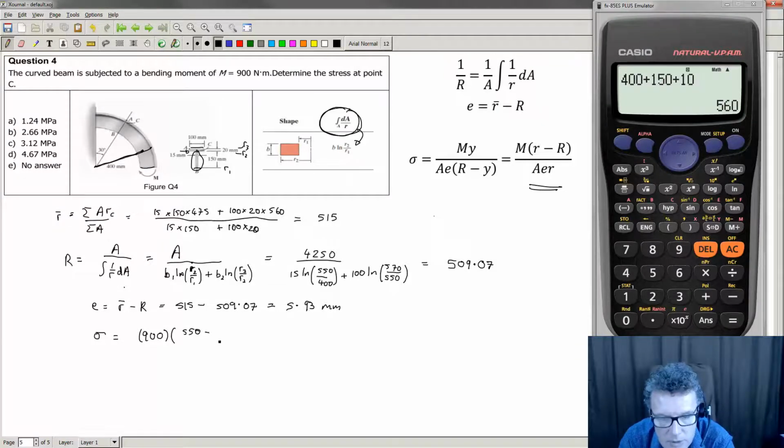Okay, I'm a little worried. My solution doesn't look correct. If I've done something wrong. Working in millimeters there, so let's put them in.